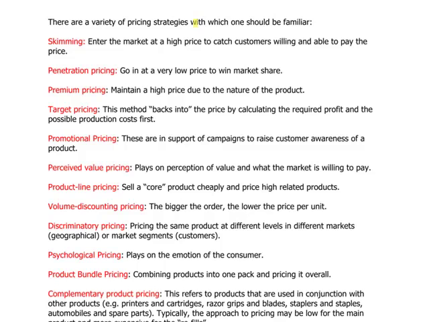I won't go through all of these now, so read through these in your own time, but we have a variety of different pricing methods, ranging from premium pricing, where we maintain a high price due to the nature of the product, to promotional pricing, various pricing methods to support campaigns to raise customer awareness, for example, and so on. So again, just read through these different pricing methods in the Express notes.